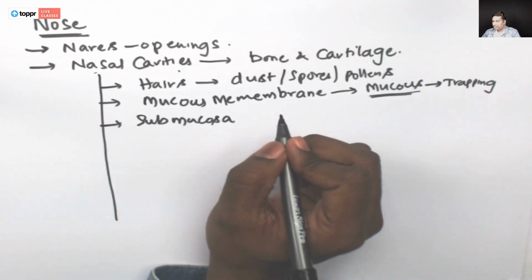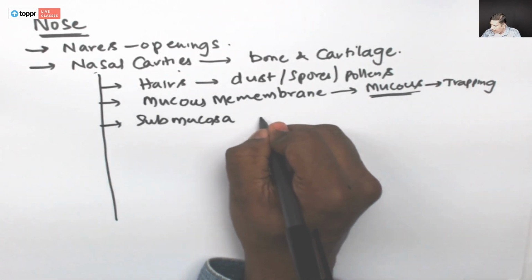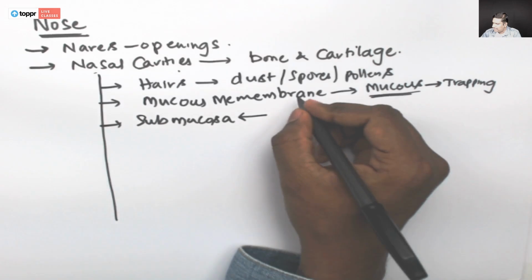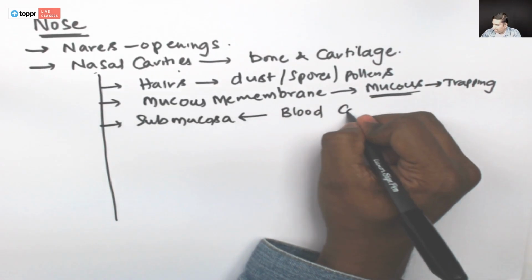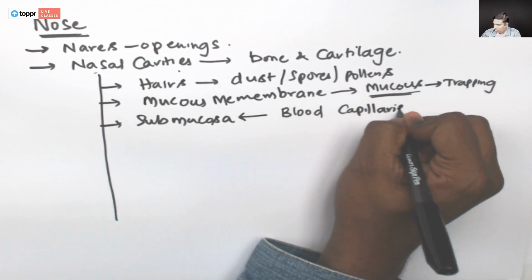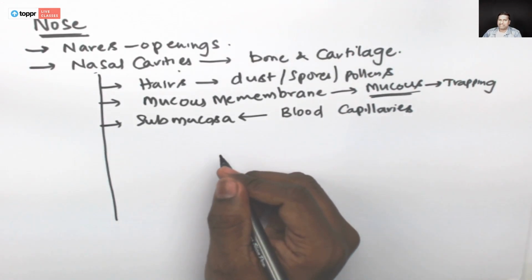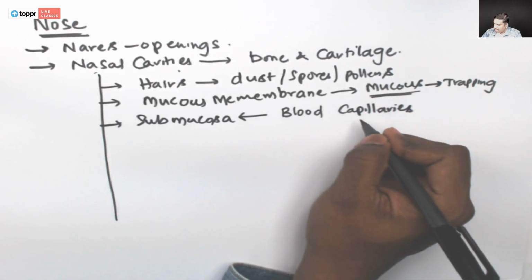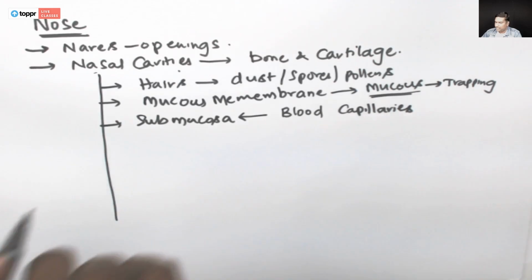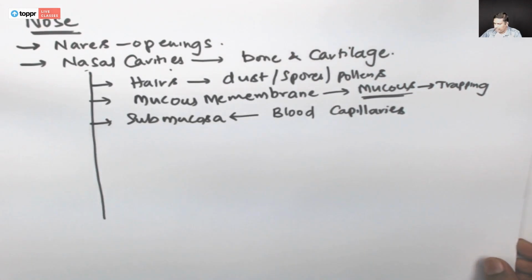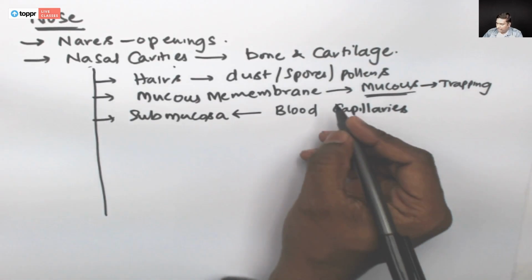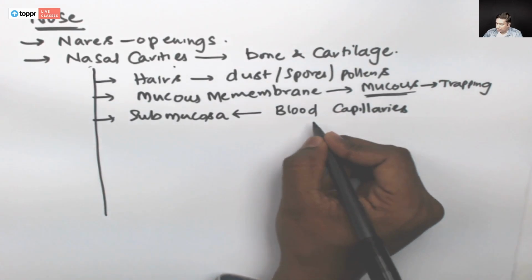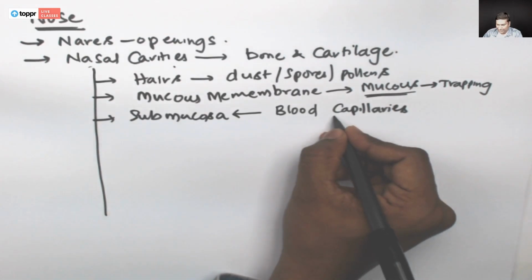Below the mucous membrane you have the submucosa, and an important characteristic of this submucosa is that it is supplied with many rich blood capillaries. Blood maintains the temperature of your body constantly, so the temperature of the blood is always constant.